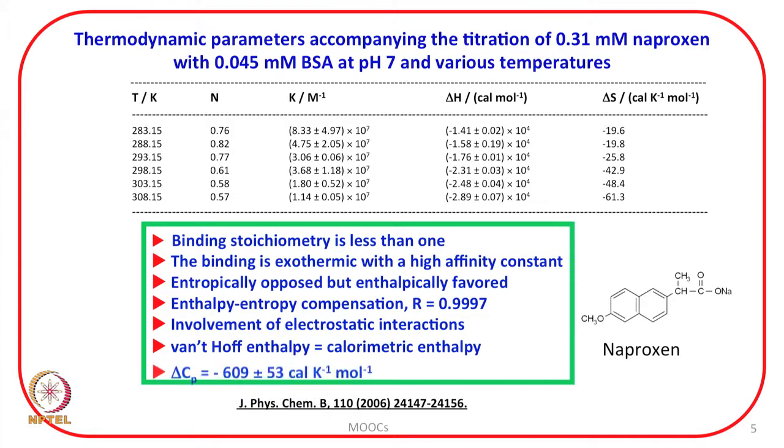The next comment, delta Cp is minus 609 plus minus 53 calorie per Kelvin per mole. This also I touched upon in one of my previous lectures, that when you study the binding as a function of temperature, we also get another thermodynamic quantity, delta Cp.